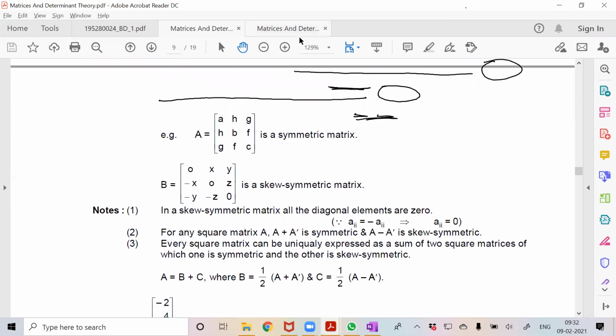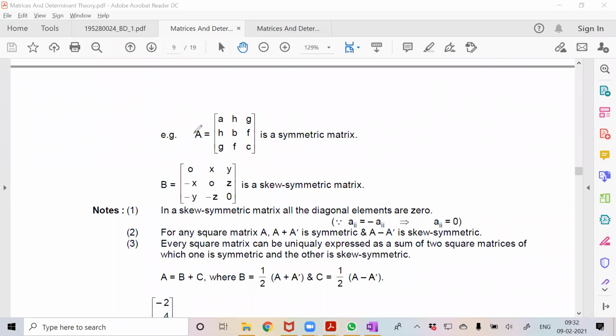So for example, you can see these two matrices A and B. In A, you can see the first row we have taken a, h, g, and the first column is also a, h, g. Second is h, b, f, this is h, b, f. Third is g, f, c. Yes, symmetric.